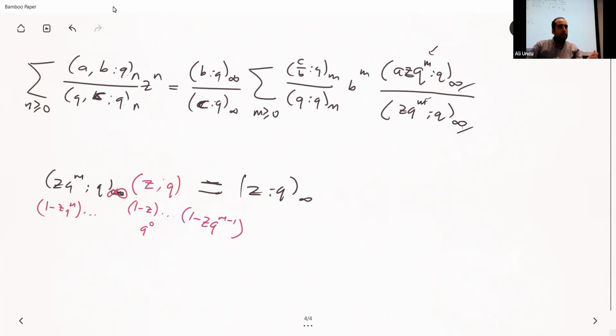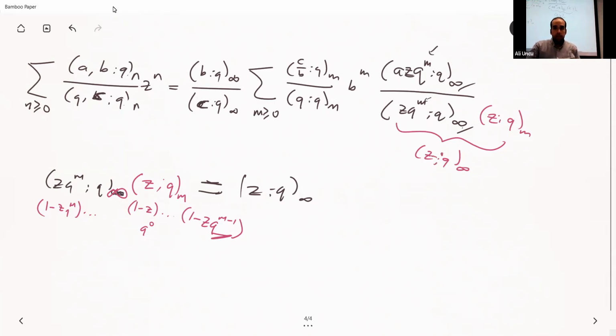There is one tiny thing that always gets mistaken, that you start with the z. So you're right that we want to go all the way to q to the m minus 1, but we need one more product. So if I multiply my factor with this (zq^m), this thing on the bottom becomes that (zq;q)_∞ that I wanted, and I can take it out.